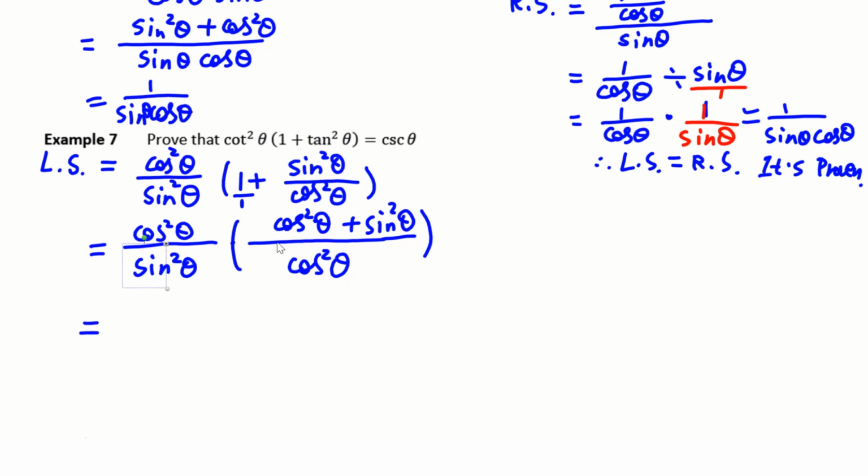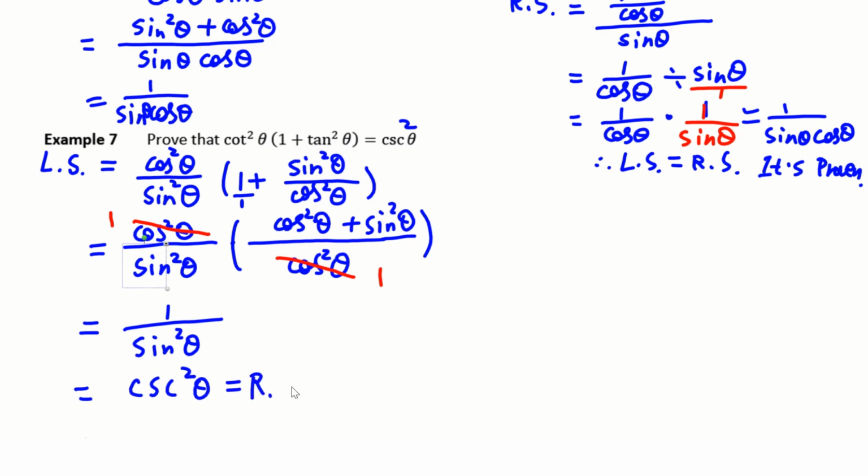Then sine squared plus cosine squared, we know is 1. Then numerator times numerator, denominator times denominator, and the common factor we could cancel out. And this added together is 1. So 1 over sine squared theta. Sorry, it should be cosecant squared. Then 1 over sine squared is cosecant squared. Then it is the right side. So this is proven.